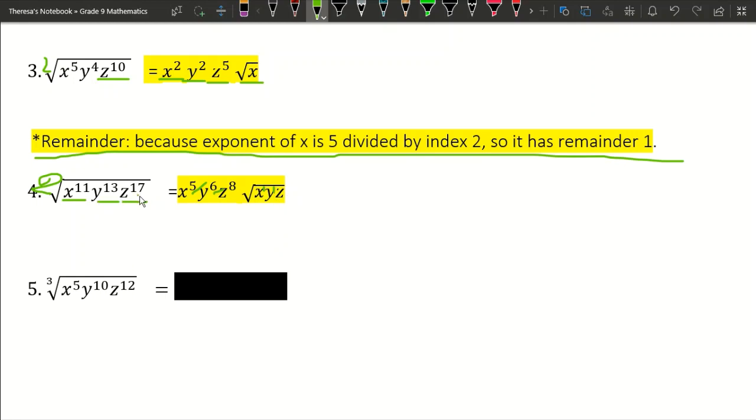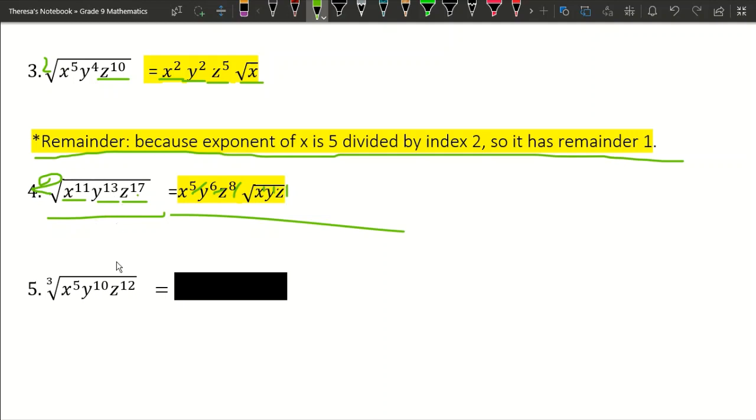Another one is we have 17 divided by 2, so that is 8. So, again, 8 times 2 is 16, so mayroon siya remainder 1, kasi 17 to, may natitirang 1 here. So, that is the final answer sa pag-simplify ng variables na ito. Right? Or radicals with variables, just like this one.